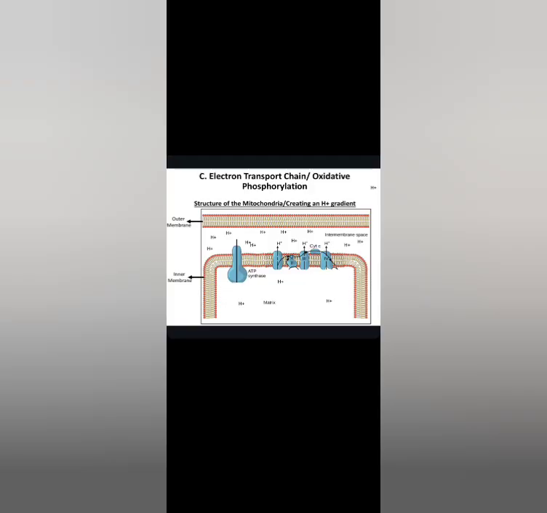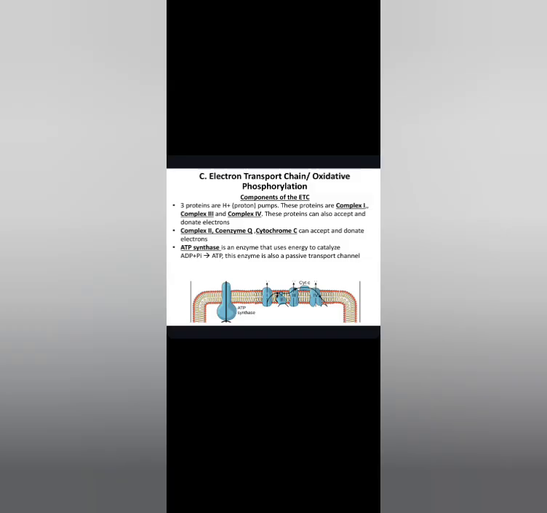They move hydrogen against their concentration gradient. Complex 2, coenzyme Q and cytochrome C just receive high energy electrons and pass them around. And so this is the electron transport chain. All of that information in text is here.